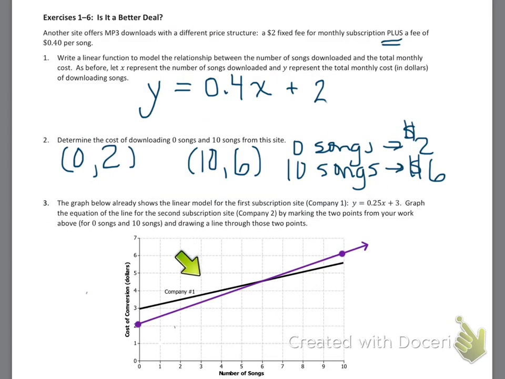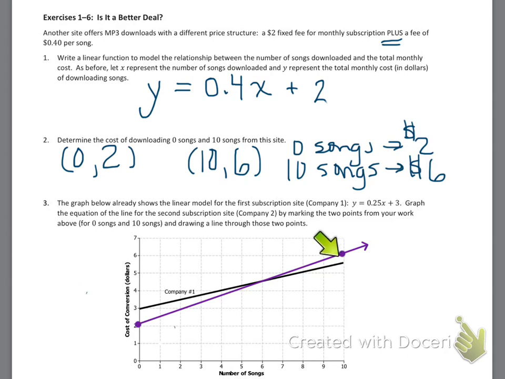If I want 5 songs per month, I'm going to come up here and notice that it looks like the second company, this purple line, is slightly cheaper for 5 songs. But once I get up to 10 songs, they're more expensive, because of the steepness of this line, this one's rising faster.